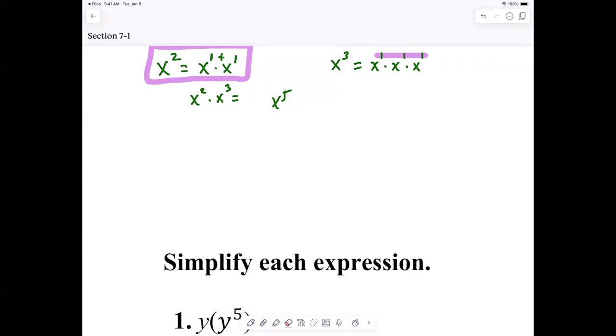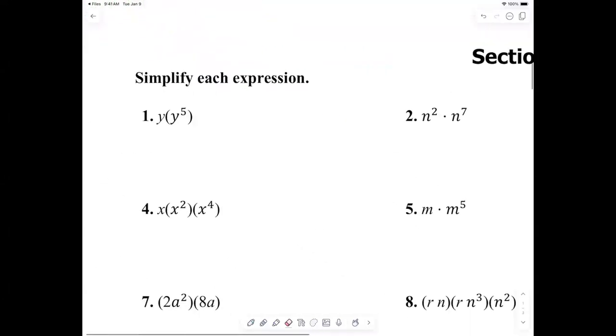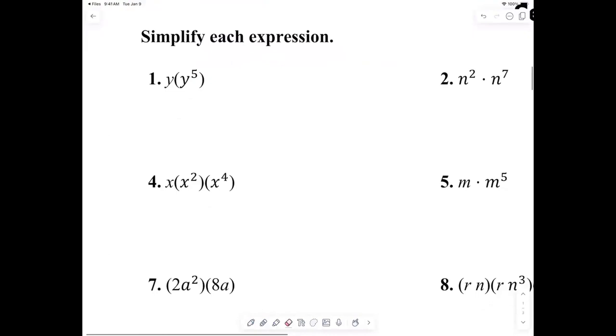Because when you multiply variables, you add the exponents. That's it. I don't understand what the problem is. If you understand that x squared means x times x, 1 plus 1 is 2. You add exponents.